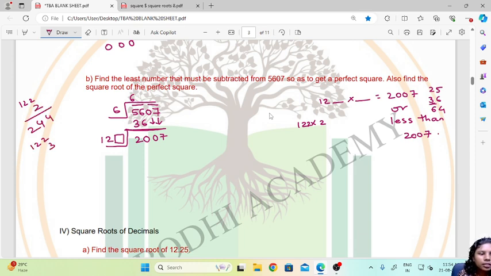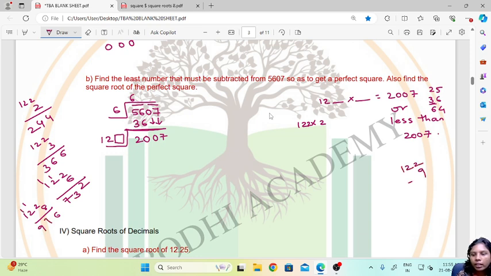Next 3 2s are 6, 3 2s are 6, 3, no. Then let's go maybe higher. 6 2s are 12, 13, 6 1s are 6, 7, no. So maybe 8, 8 2s are 16, 17, 8 1s are 8, 9, no.